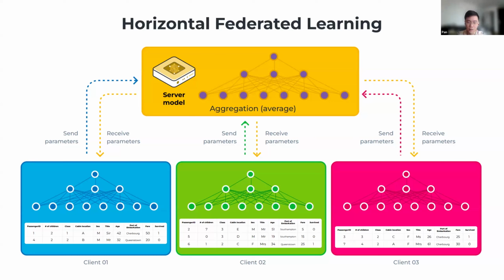Clients use their own local data to train the local model, and then send the model updates back to the server. And then the server can aggregate those model updates to get a new global model and iterate on.